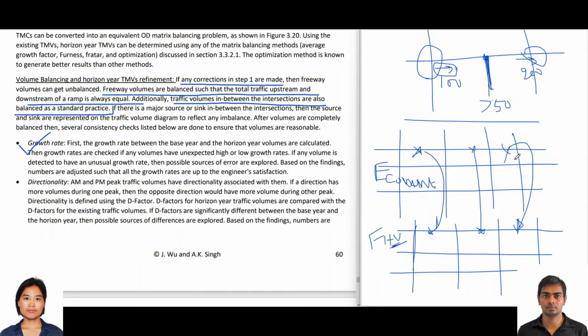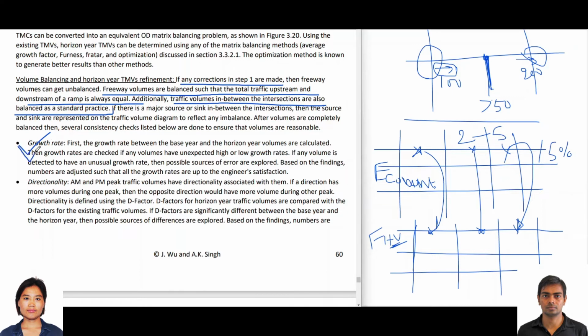So let's say the expected growth rate range is between 2 to 5%, and we see a dramatic increase, let's say 15% growth here, then something is off. Then we go back and look at the model, or if it's a little bit up and down, then we try to adjust it. So that's the growth rate check.